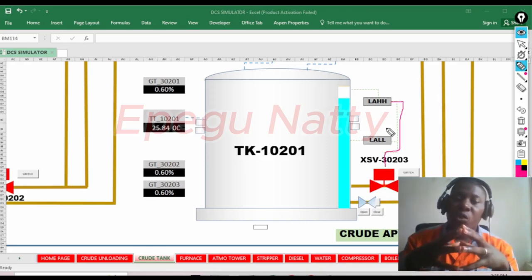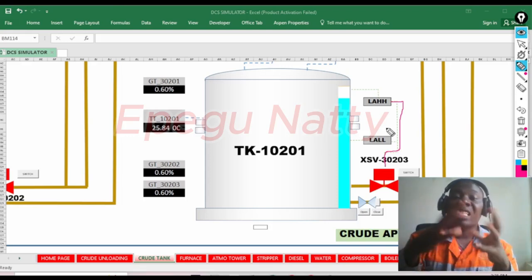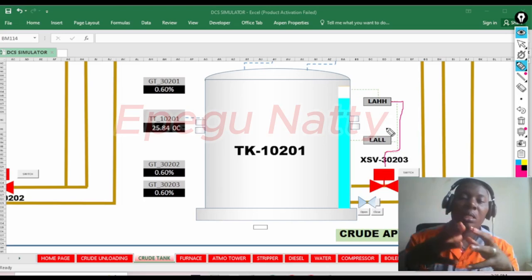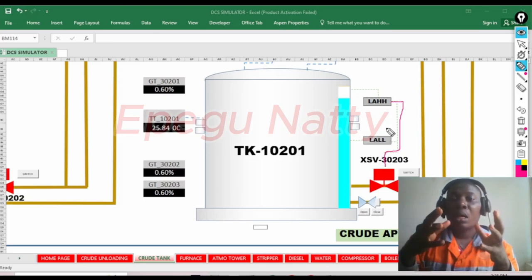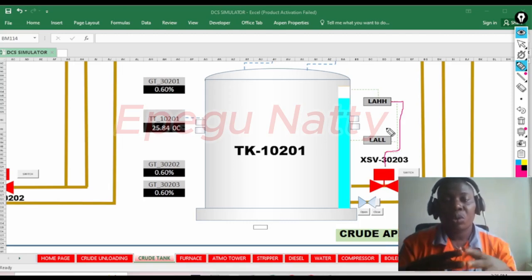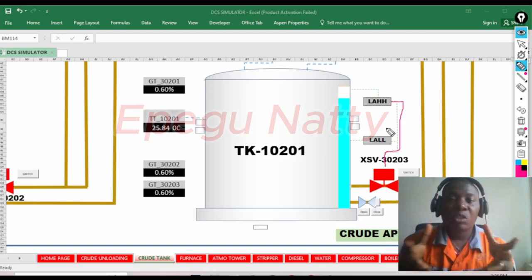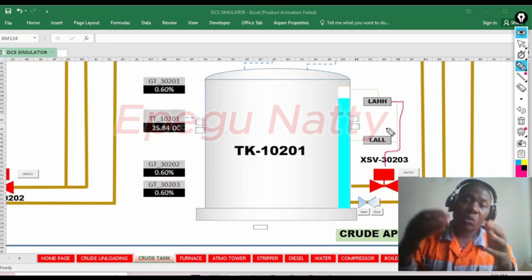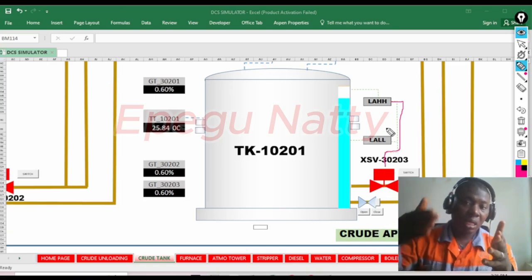A SIS is a situation where a scenario is being addressed with the help of the logic controller, without the intervention of humans, or without the intervention of the control operator. It will just close down the valve by itself. That is why they call it safety instrumented system.